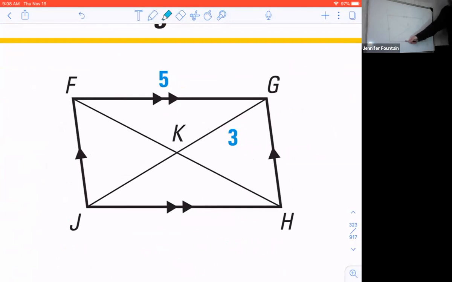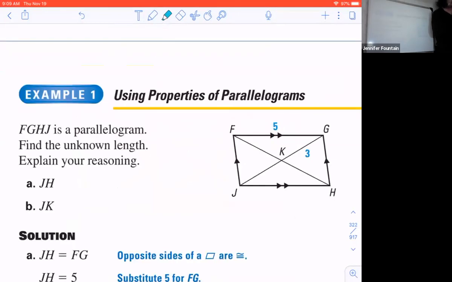How can I figure out what the length of this is? How do I know the measure of JH? All opposite sides are congruent. What is the measure of FG? 5. So what is JH? 5. Good.